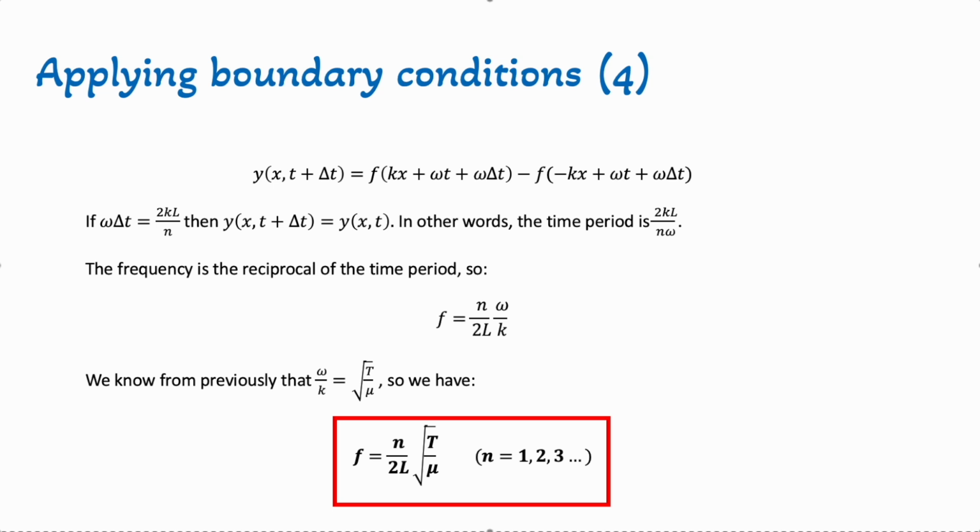When n is 1, we get the lowest frequency, which is called the first harmonic, and is the note that the guitar plays. When n is a higher number, 2, 3, 4, etc., we get the second, third, fourth harmonic, which all add in various amounts to give the rich sound that the guitar makes.